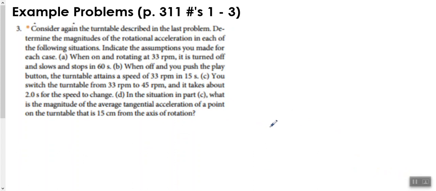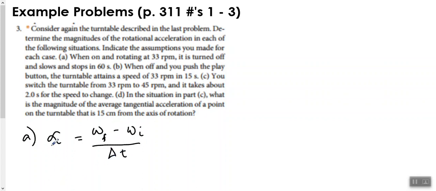Now let's consider problem number 3. Let's solve for acceleration. In this case, you're going to look for acceleration. For letter A, you're going to look for angular acceleration: final minus initial over change in time.